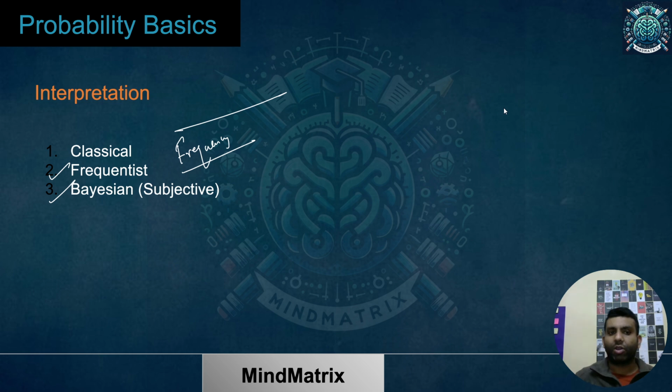And if I talk about the frequency, there are some experiments which cannot be repeated enough number of times. For example, what are the chances of somebody getting married? We can't repeat that experiment enough number of times. Or, for example, what are the chances of getting some kind of output from research which is going on?